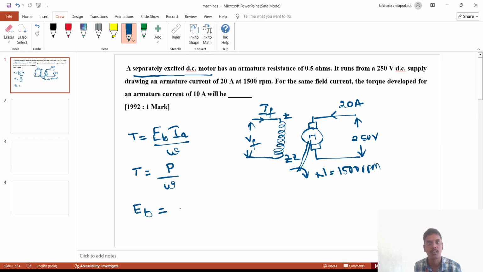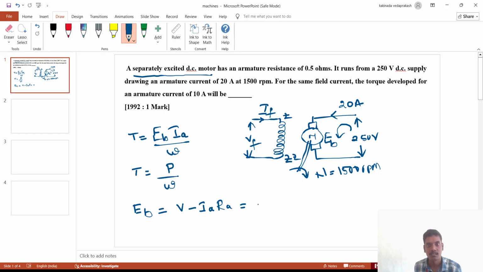What is the formula to find EB in a separately excited motor? EB is developed inside the armature, so you can apply KVL to this loop. EB is equal to V minus IA into RA when applying KVL to the armature circuit.